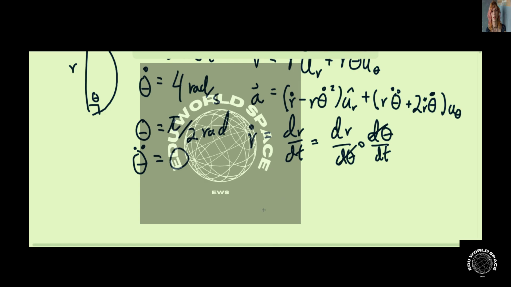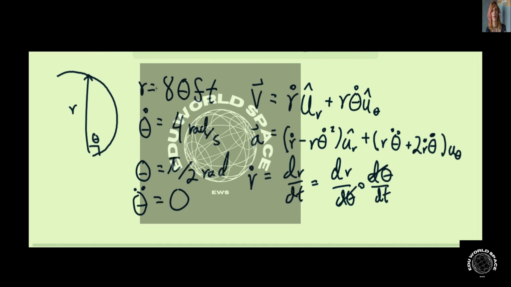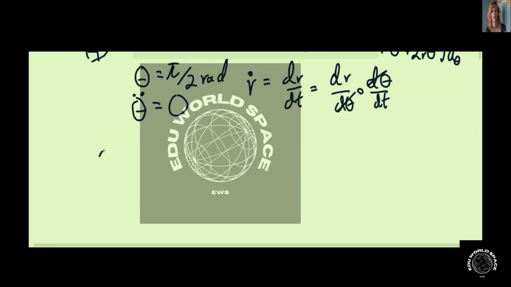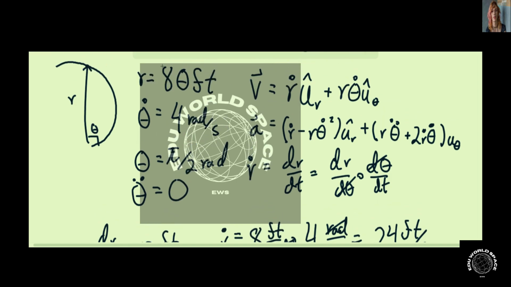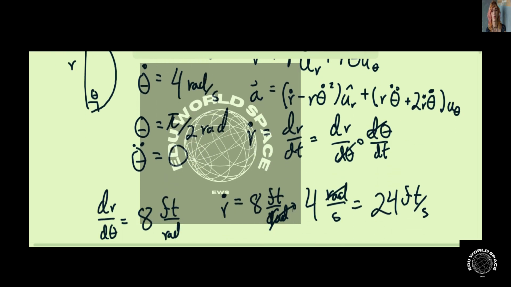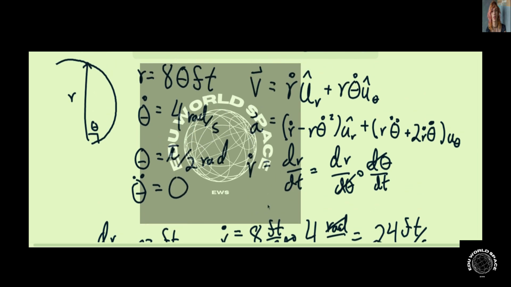So dr d theta is just 8, since r is 8 theta, so dr d theta equals 8 feet per radian, and therefore r dot is 8 feet per radian times 4 radians per second, which gives us 24 feet per second as our instantaneous radial velocity.